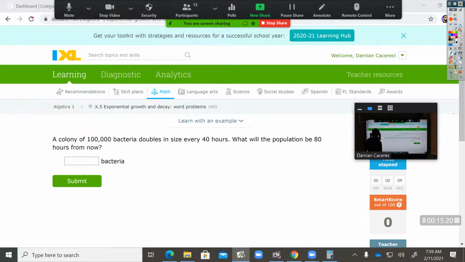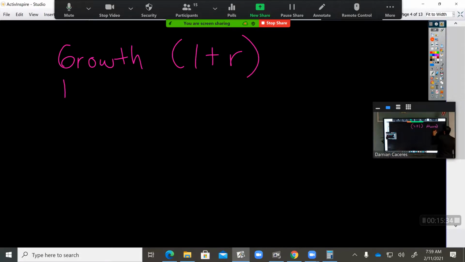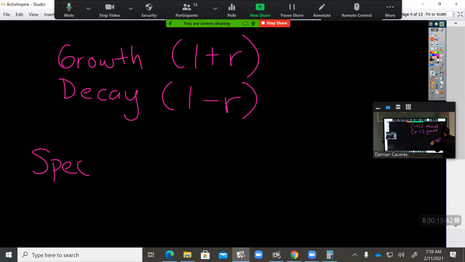Before I show you this example, let's go back to the notes page. So growth is 1 plus R. Decay is 1 minus R. But there are special cases, so make sure you write this down.